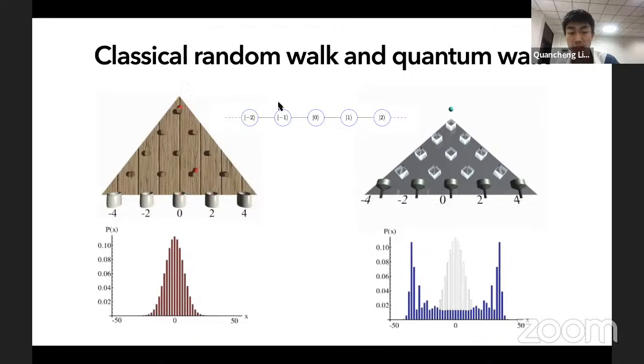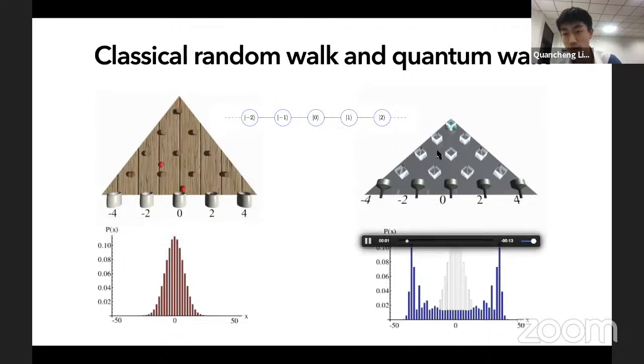If it's side one, then you go to this side, and if it's side two, then you go to that side. So this is the classical case. If you do the experiment, the probability distribution of the walker is like a Gaussian distribution, mostly focused on its starting point.